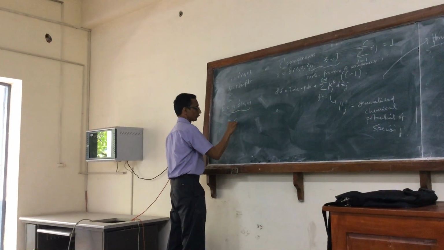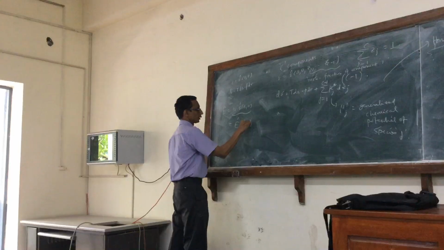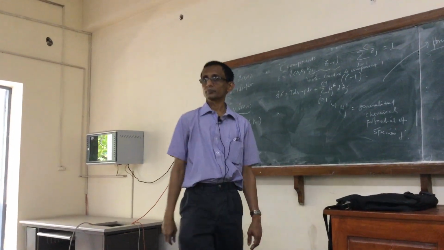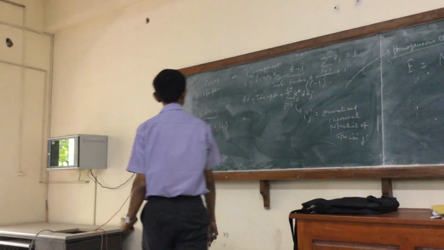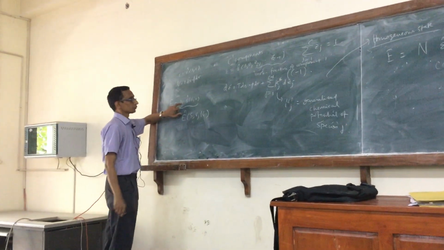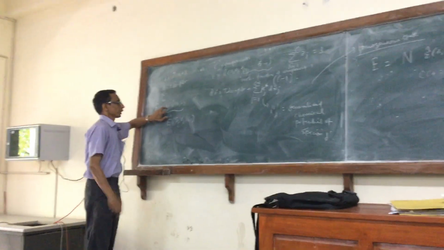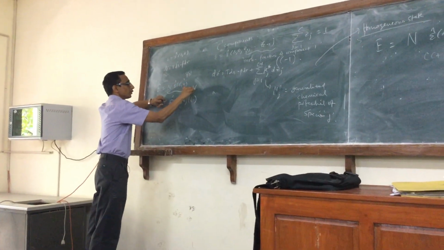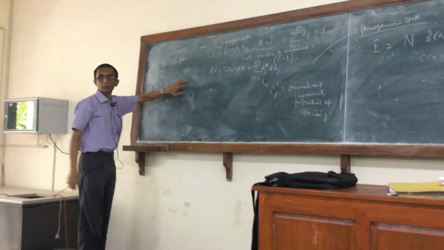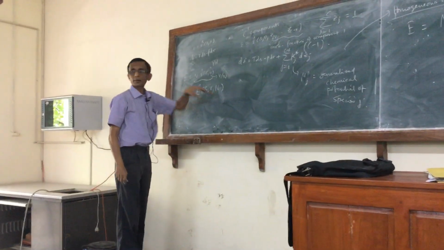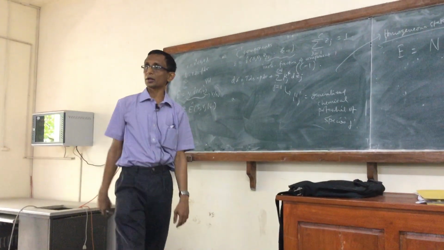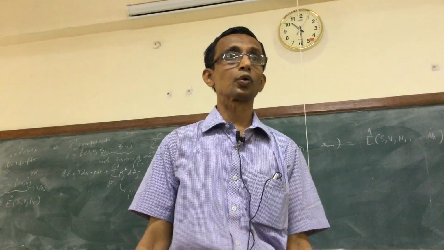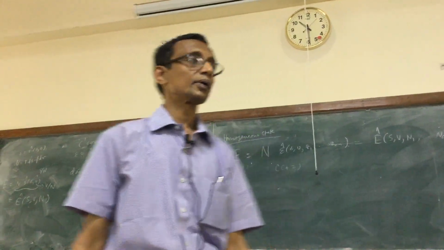Here we show that this is possible because, for the homogeneous state, small s is S over N and the small v, specific volume, is capital V over N. Clearly, the total internal energy can be expressed in terms of the total entropy, the total volume, and the total mole numbers.